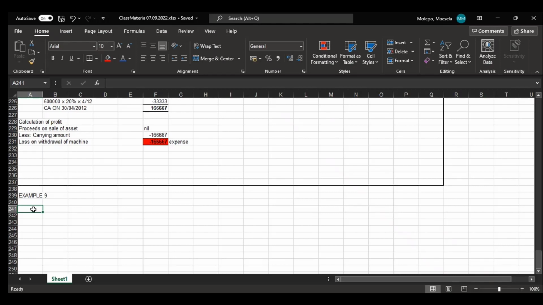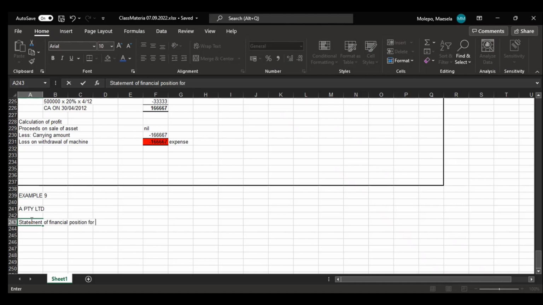So let's continue. We have example 9. Then we're going to present the information for A Limited, or A Pty Limited. So we have the statement of financial position as at 28 February 1999.